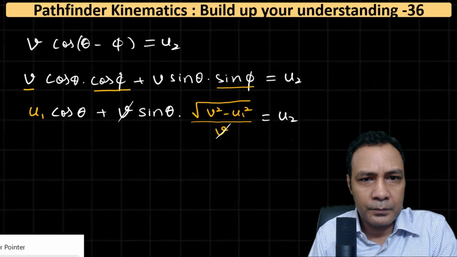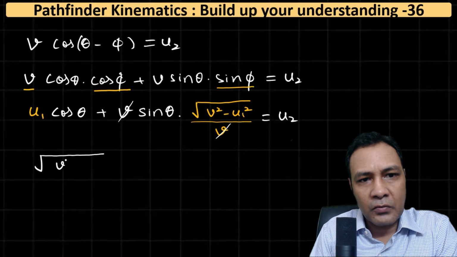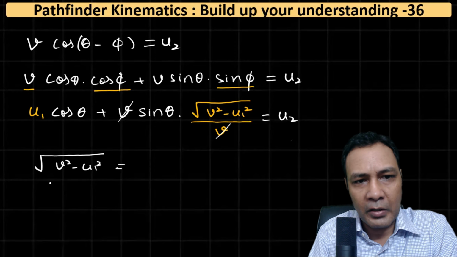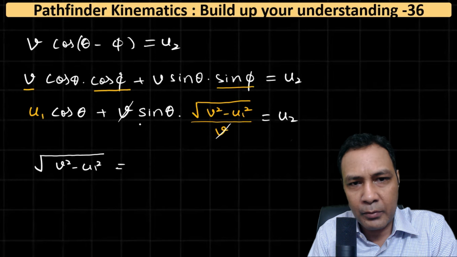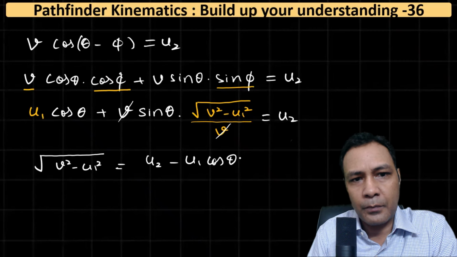Now just some simplifications. Square root of v square minus u1 square is equal to, and obviously that sin theta is also multiplied, so I will take it on that side, u2 minus u1 cos theta by sin theta.